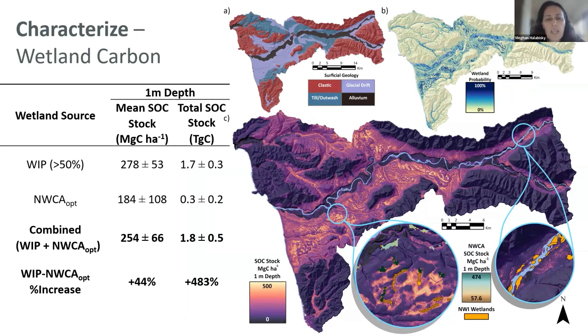And it turns out that the WIP tool output is a good predictor at predicting soil carbon. And so this is a project that we will be starting very shortly and scaling to the state for Washington State. So hope to have predictions of wetland carbon for the state in the next couple years.